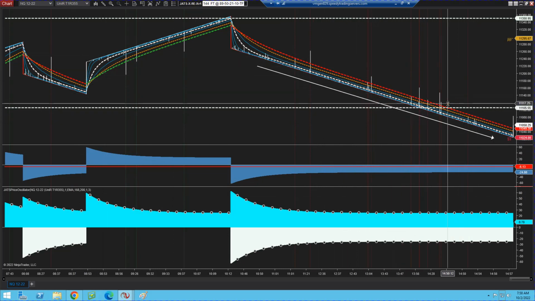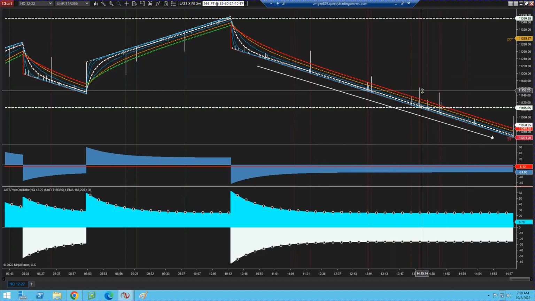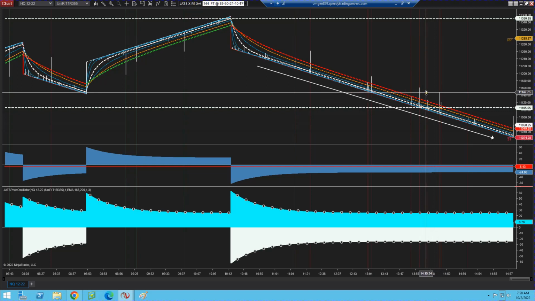confirmation. So if you were to be lucky enough to have either a PT level or another inflection level intraday, those awesome inflection levels that you can get elsewhere, add that to this.